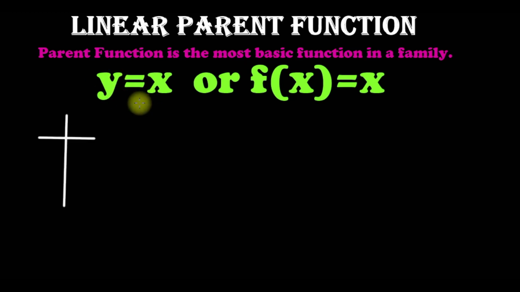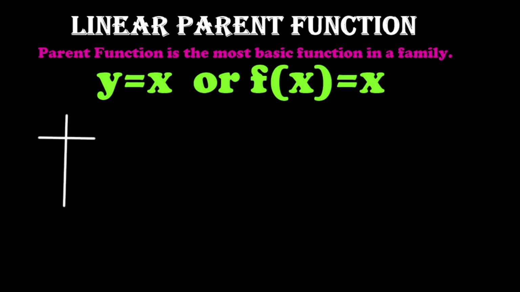To graph this, if you know what x is, you can come up with y. If you know what x is, you can come up with f of x. So your x is the input, and your y is the output. Based on what x is, you can come up with y. To graph this, we're just going to randomly pick any x.